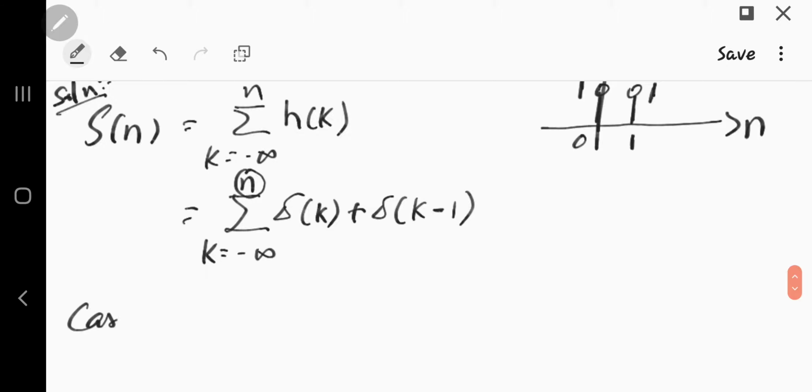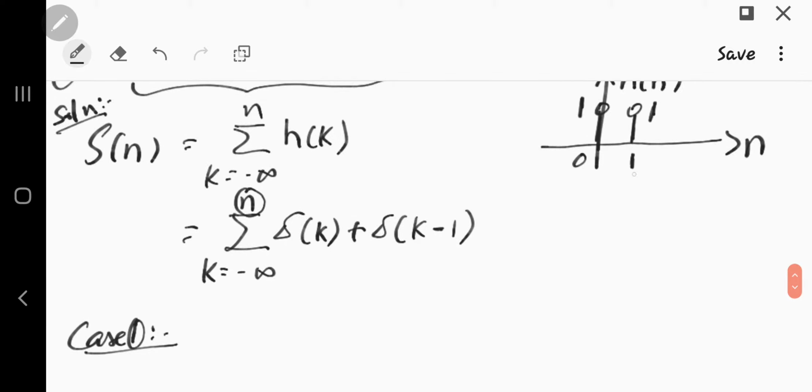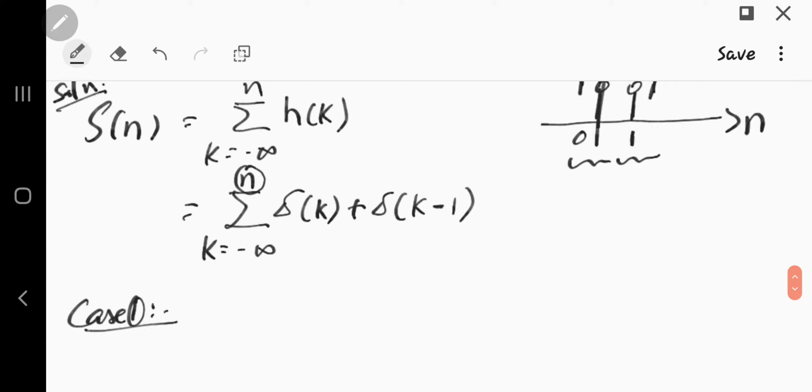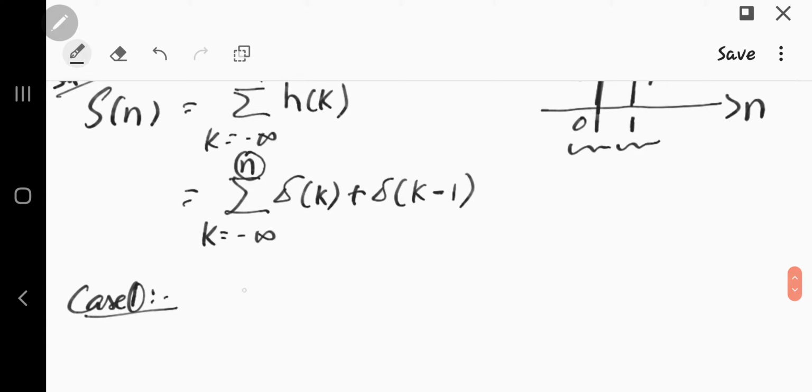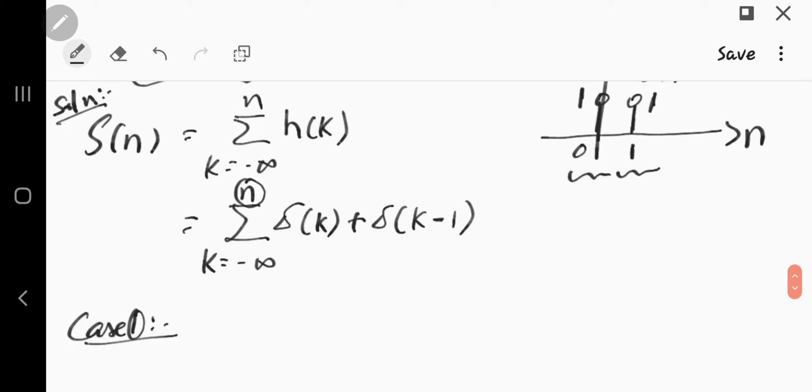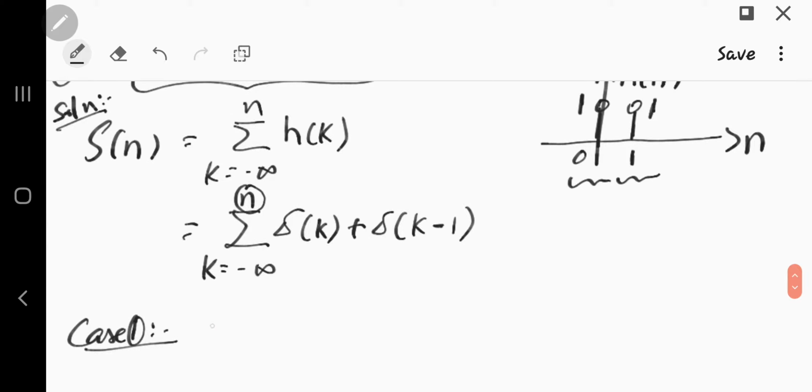So based on this, the first case is for n less than 0. Since the signals are present only at these two values, no need to expand this. I have to check for negative values of n and positive values only. So for n less than 0, S of n will be 0.